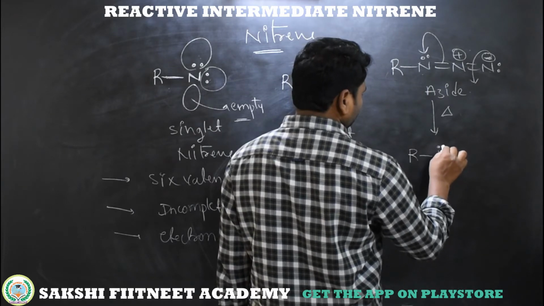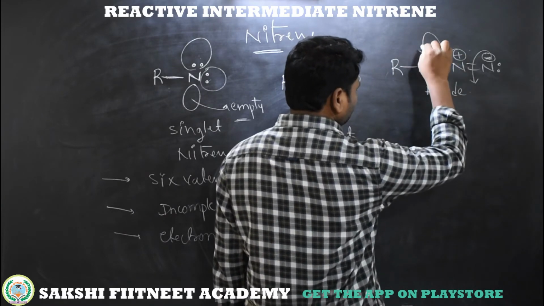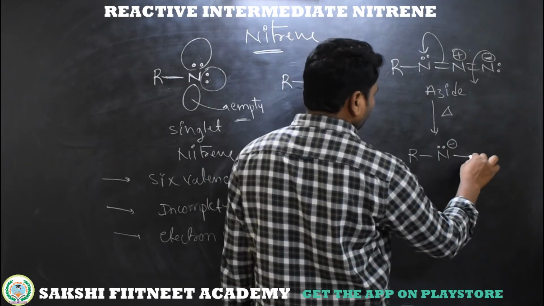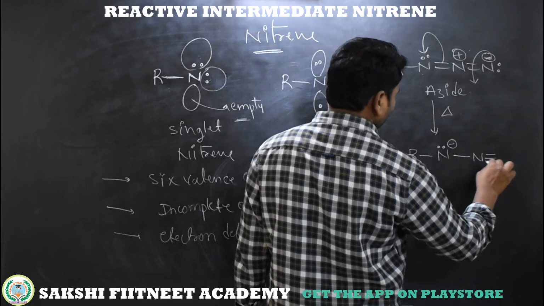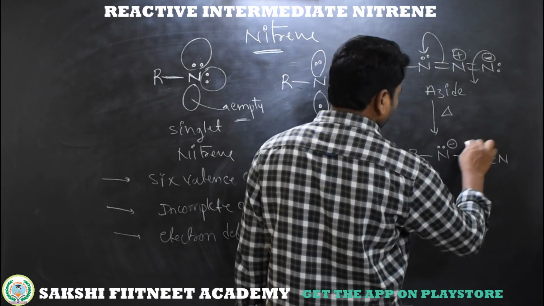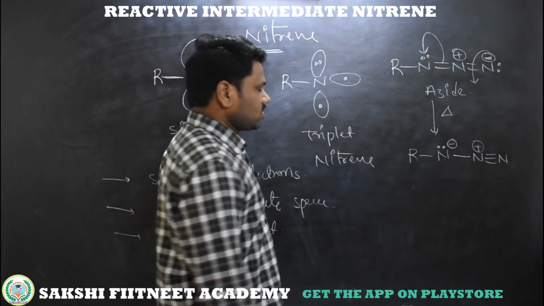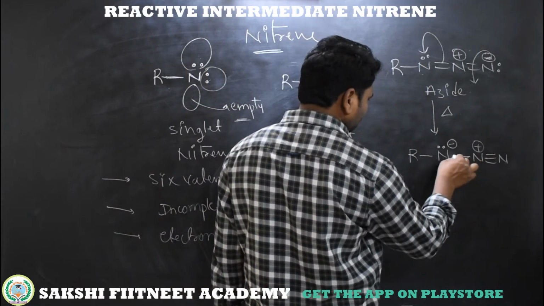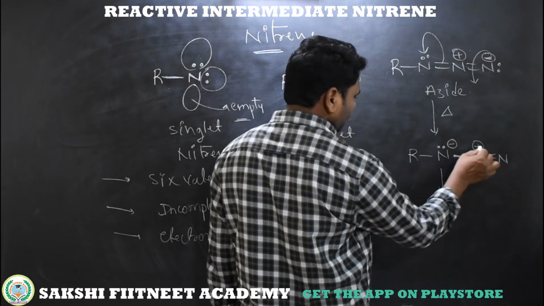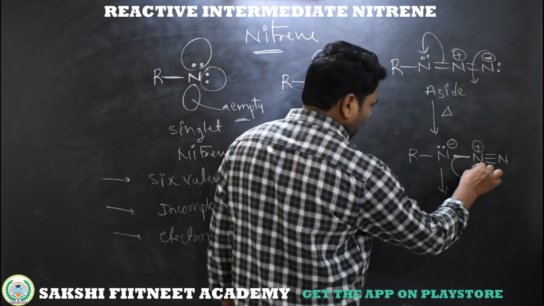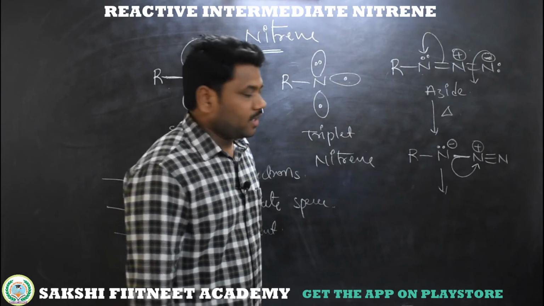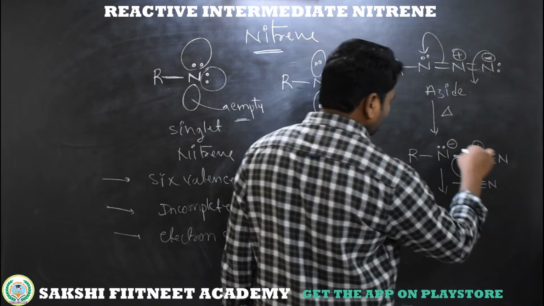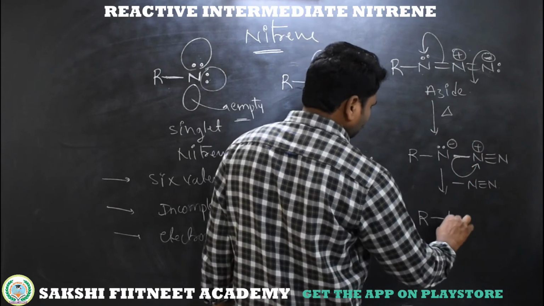Those are extra electrons which exist as a negative. This nitrogen is still showing a positive charge, so to relieve that positive charge, the nitrogen gains electrons from this bond. The nitrogen to nitrogen covalent bond cleaves heterolytically, and on elimination of N2 gas, we get a nitrene intermediate.